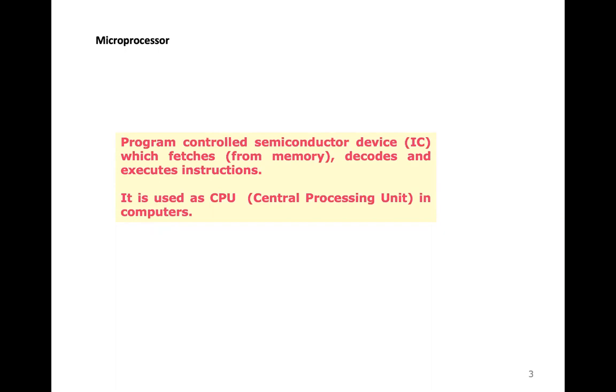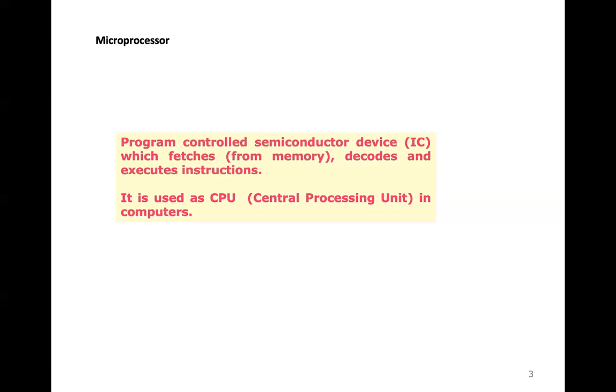So a microprocessor is a program controlled semiconductor device. This is the IC, which fetches from memory and decodes. At first it collects the data or information, then it must be decoded.